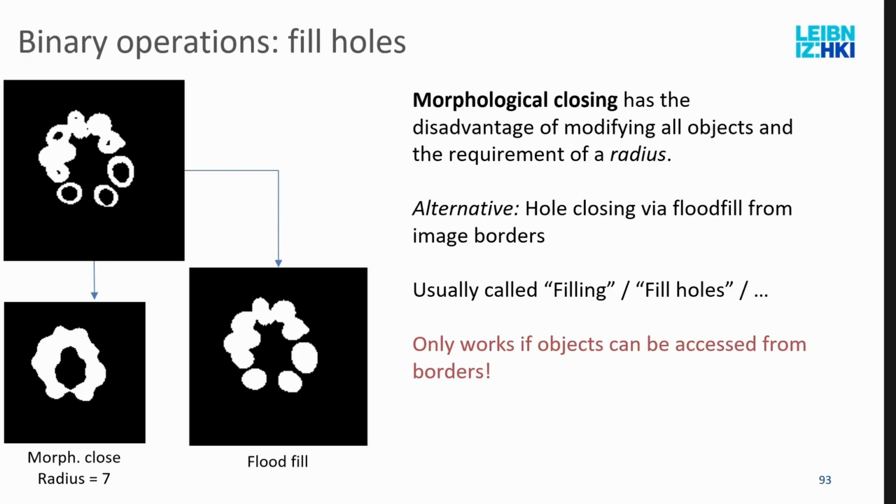Theoretically, you could just dilate it or morphologically close it, but then you would need to make the radius of this closing of this local area so large that it destroys the object. So there's no resemblance anymore of the original object. There you see really the destructiveness of these morphological operations when you set them too high. The flood filling operator will solve this very nicely. They are filled and still the same as before.